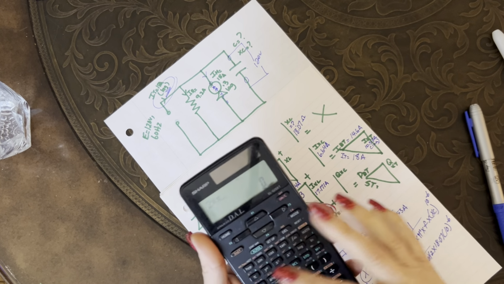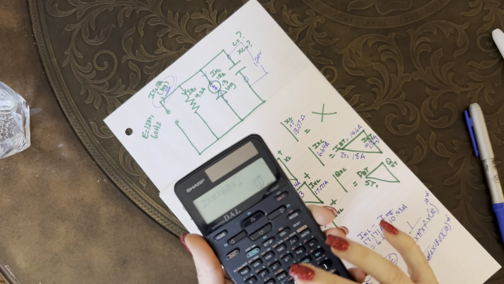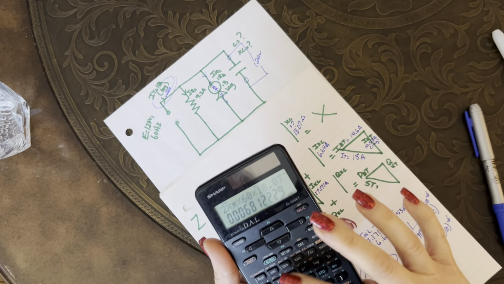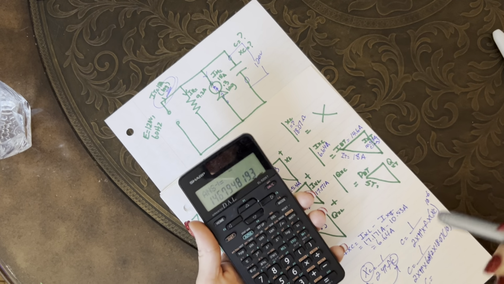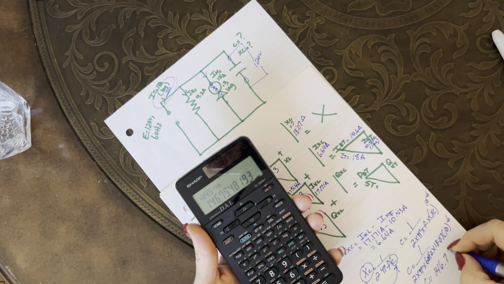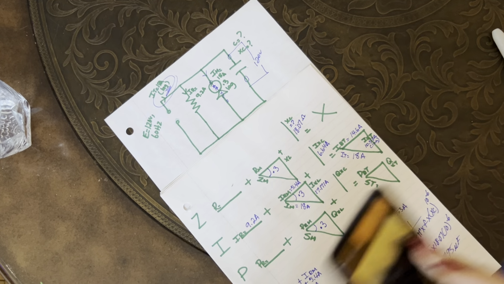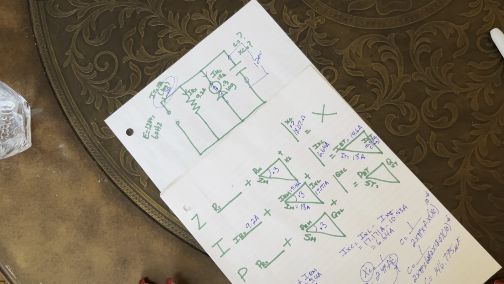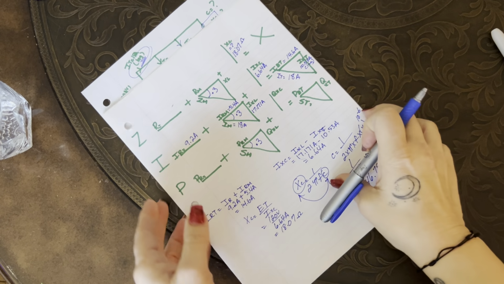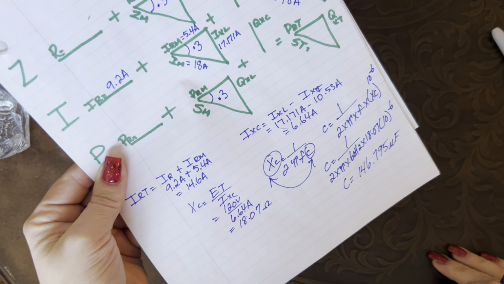So 2 times pi times 60 times 18.07 exponent negative 6 equals, second function x to the negative 1. My capacitor is 146.7 microfarads. All right, so I hope that helps you guys in the understanding of how to solve that part of the circuit. So if I block that off, there it is.